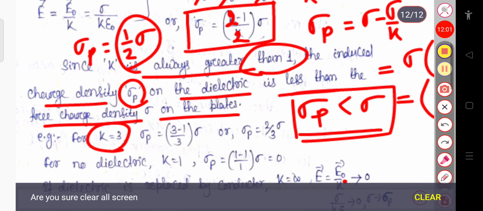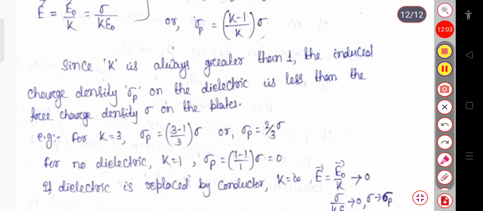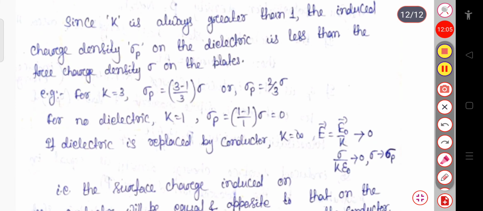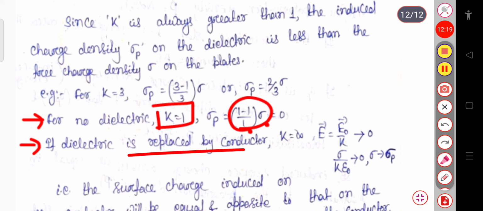And again, if there is no dielectric, that is when k equal to 1, sigma p will be equal to 1 minus 1 divided by 1 into sigma, so this will be equal to 0. These are the important points. And if the dielectric is replaced by a conductor, then for the conductor the dielectric constant k is equal to infinite. If I substitute this value, we know E equal to E naught divided by k.